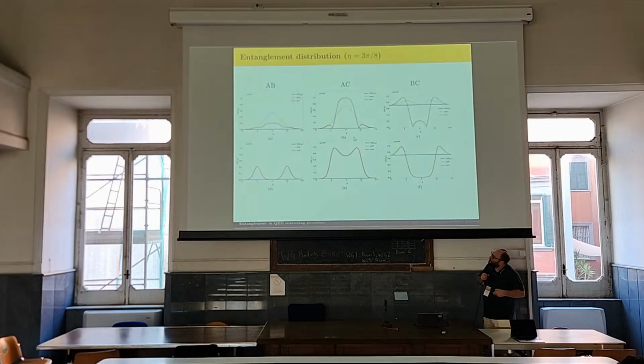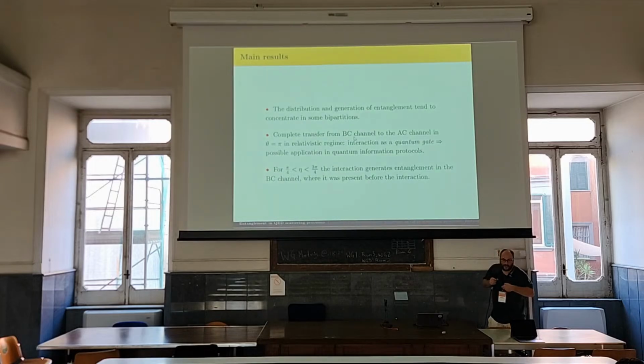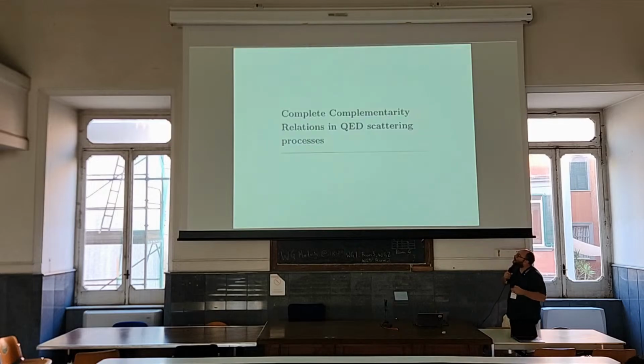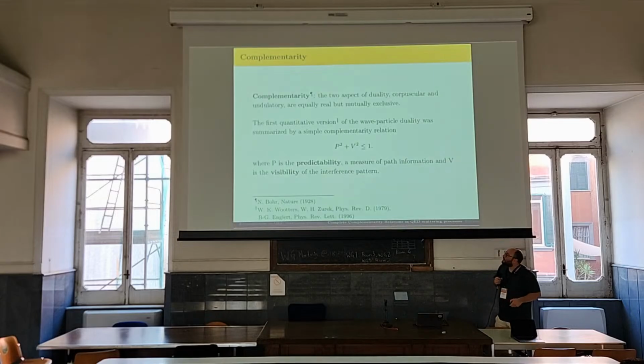Then, in order to better understand all these results that we have summarized there, we come back to the more usual and fundamental processes, the 2-in-2 scattering processes. And we study this setup with the aim of complete complementarity relations. What are the complete complementarity relations?